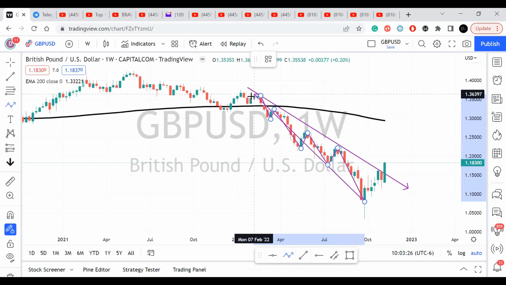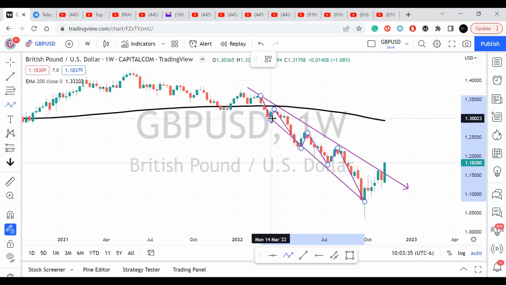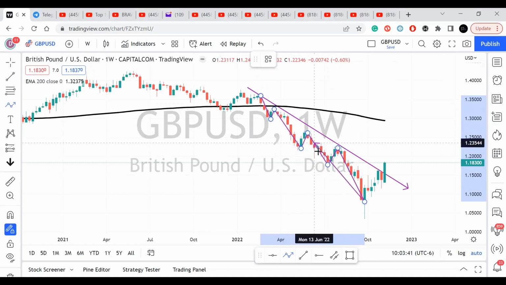So here we had this low, price broke the low, came back to retest. Then we had a break of this low, price came back to retest. So we also have a break of this low, price also came back to retest this low that was broken.